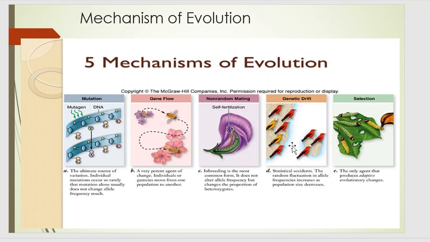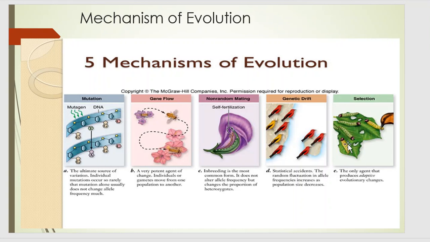Some kind of flood or something happened, and this bird population has been separated, one in this group and another in this group, and eventually this may develop into a new species. That is called genetic drift. Sometimes hunting or man-made disasters can kill a large amount of the population and drop the number of organisms.